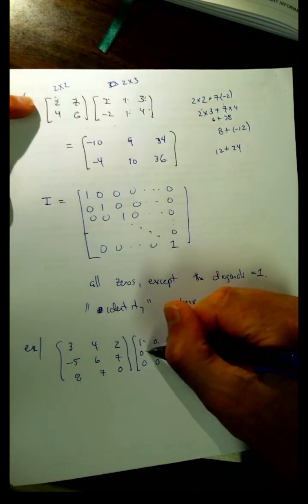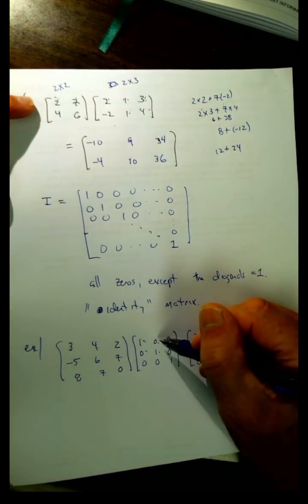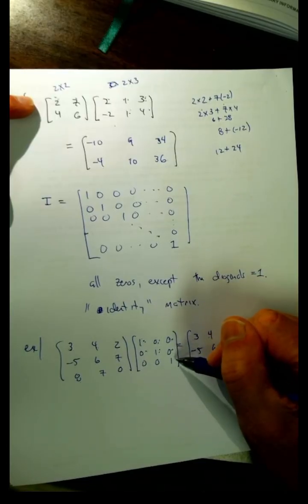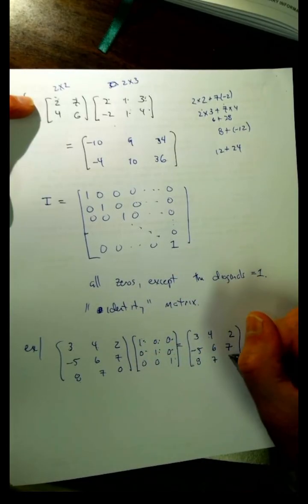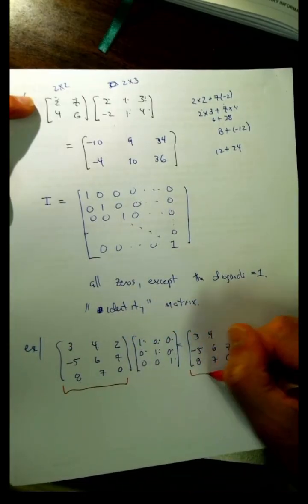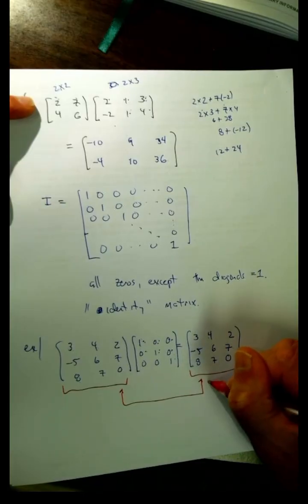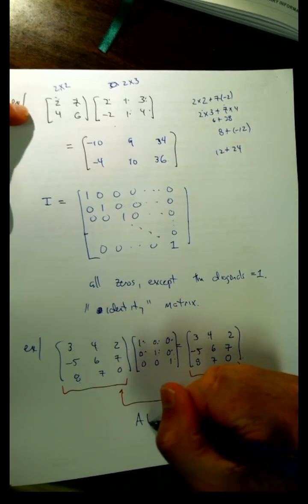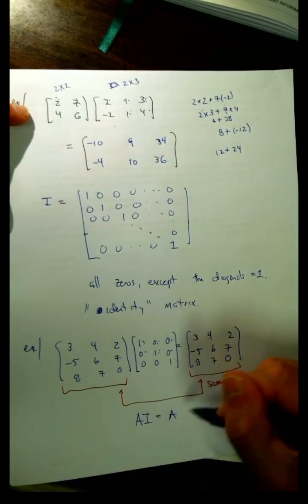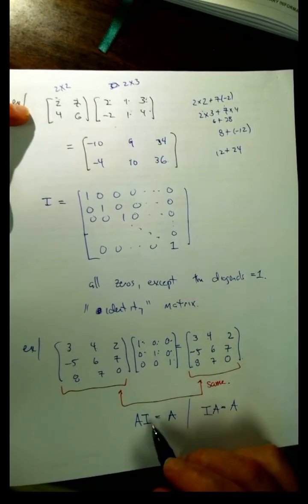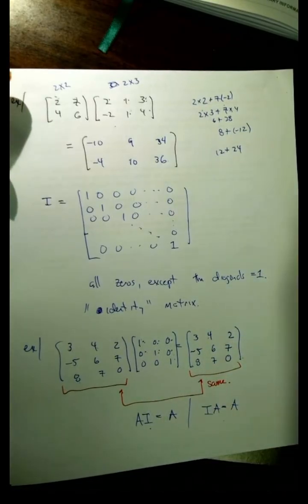So I'll have 8 plus 0 plus 0, 0 plus 7 plus 0, 0 plus 0, and 0 times 1 is 0. And notice this matrix and this matrix are identical, and that's always going to be the case, that A times I is going to be equal to A, but also I times A equals A. And this is assuming that it's possible to do this multiplication.